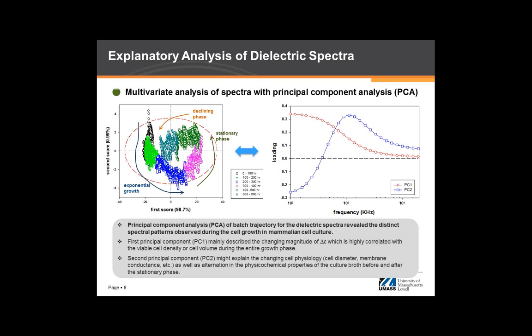One cluster was made by the exponential growth period, at the bottom left corner of the plot. Then at the bottom right corner, you see the stationary phase, and then eventually you go through the declining phase. This clustering shows that in the dielectric spectroscopy measured over the whole cell growth cycle, you experience at least 3 or 4 distinct changes of the dielectric spectroscopy pattern.